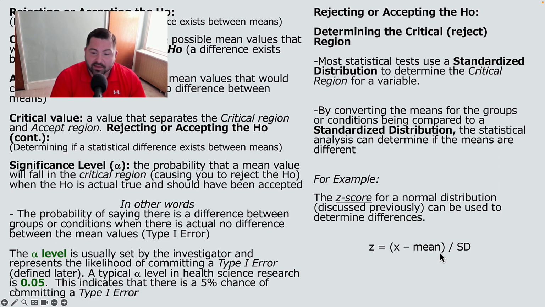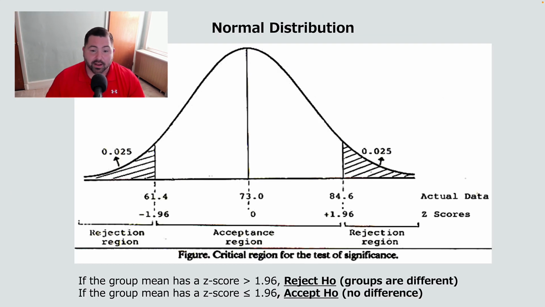And so when we do that, we're going to get a value that's above or below 3 standard deviations. And remember, if the mean, median, and mode in a standardized distribution is 0, 68% of the scores are going to fall within 1 standard deviation above and below the mean. 95% of scores are going to fall within plus or minus 2 standard deviations.